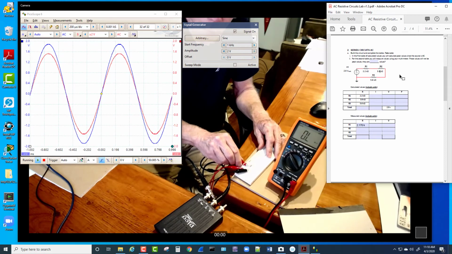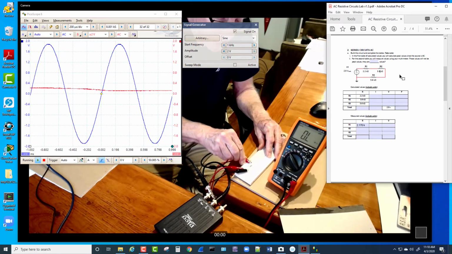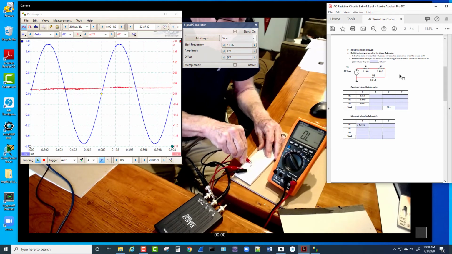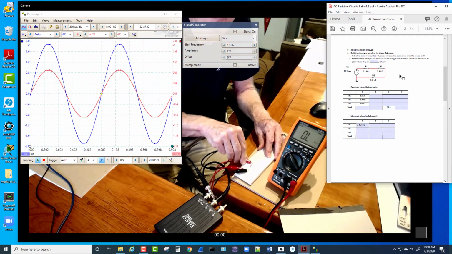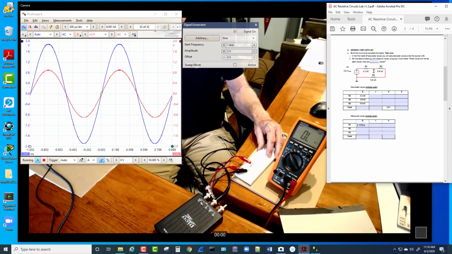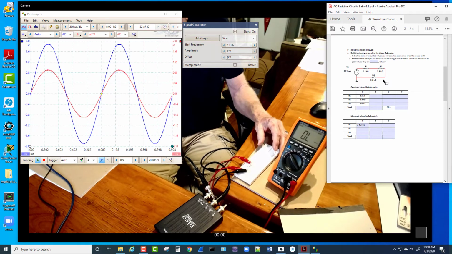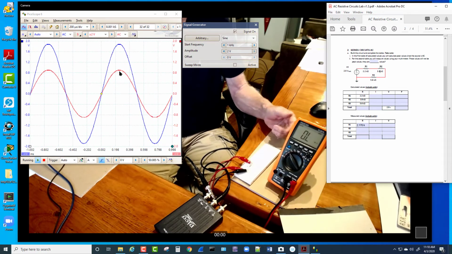Let me move it over one, and let's see what happens if I go over here. Whoops, I moved the red probe over to here. So now I am legitimately measuring the voltage across the 5.6 K. And it falls to just below half.